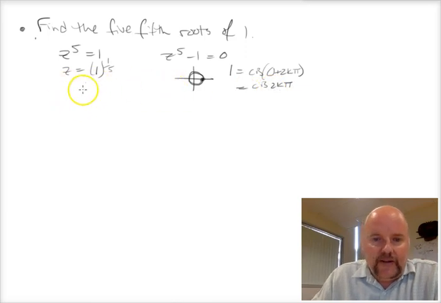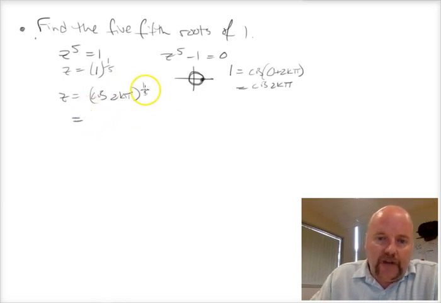Okay, so that means z equals cis 2k pi, to the power of a fifth. That's just replacing 1 with its mod arg form. Now, by de Moivre's theorem, we can multiply the argument by that number there. So we get cis 2k pi over 5, where k is equal to 0, 1, 2, 3, 4.